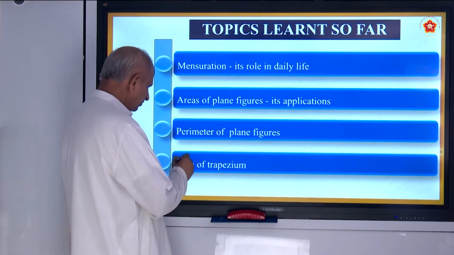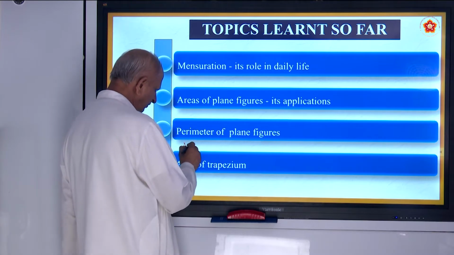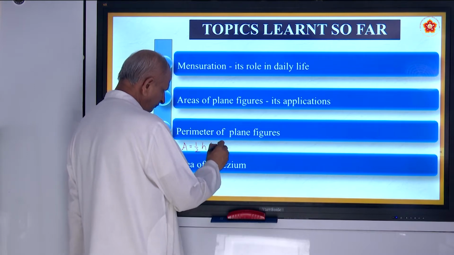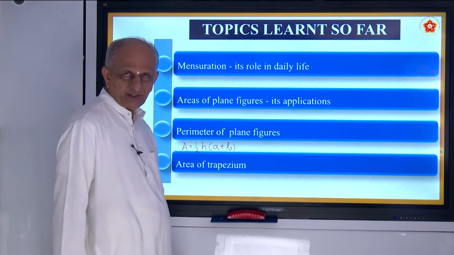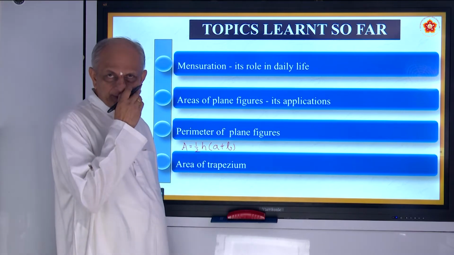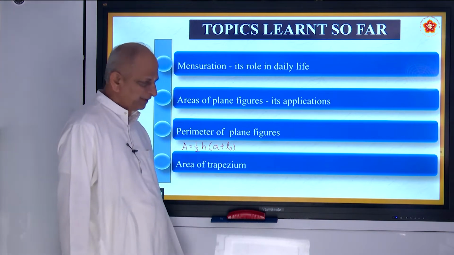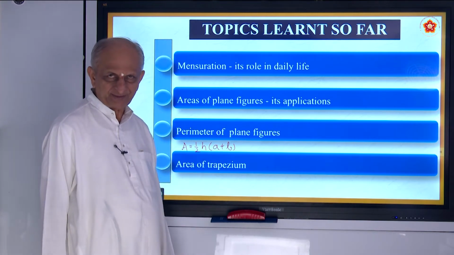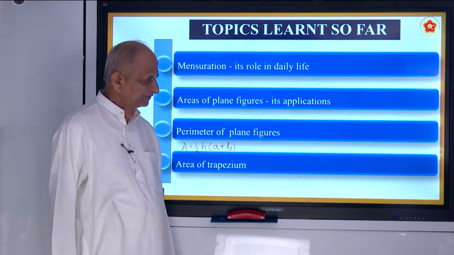Does anybody know the formula? Area of trapezium is half h into a plus b. What is h? H is the perpendicular distance between the two parallel sides. What are a and b? A and b are the two parallel sides, correct? So this was the formula we studied in the previous class.